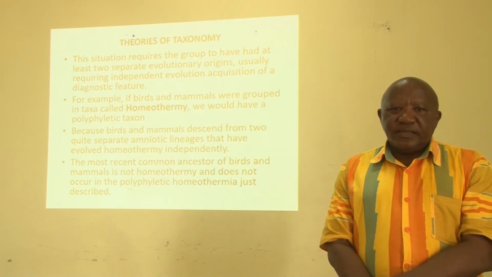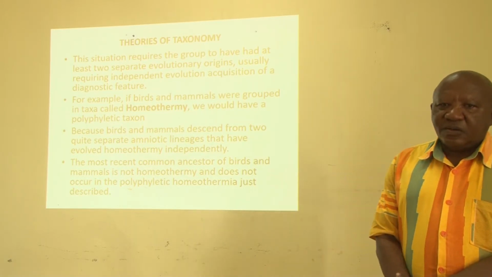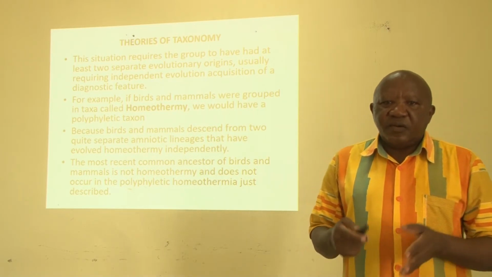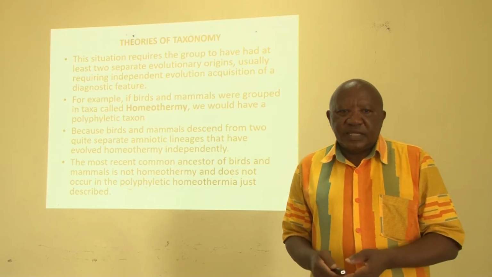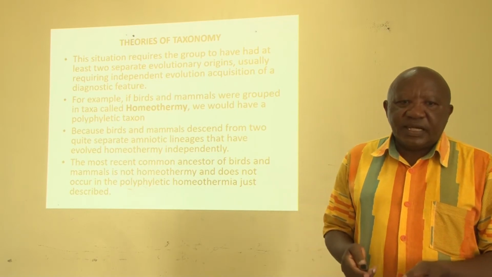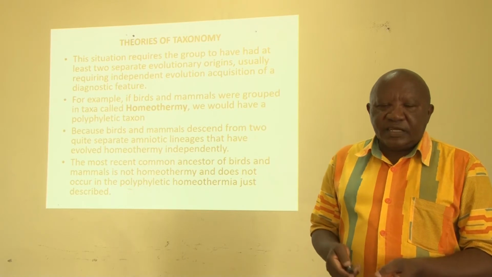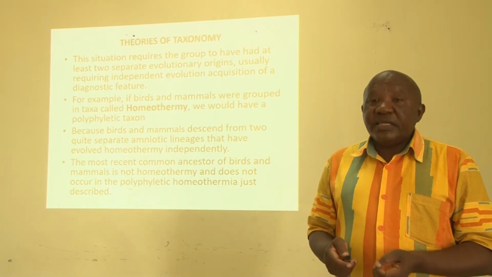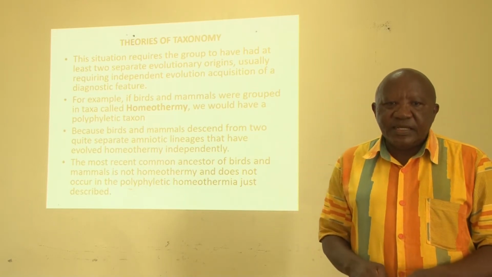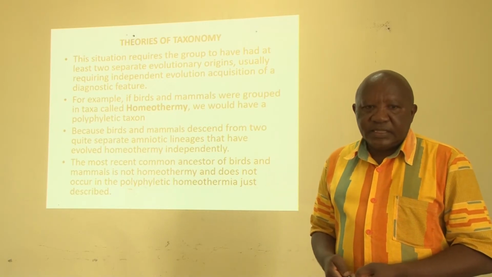This situation requires the group to have at least two separate evolutionary origins, usually requiring independent evolutionary acquisition of a diagnostic feature. For example, if birds and mammals were grouped in a taxon called homeotherms, we would have a polyphyletic taxon, because birds and mammals descend from two quite separate amniote lineages that have evolved homeothermy independently.